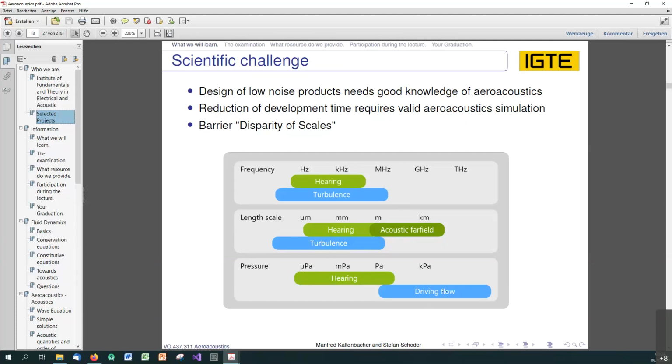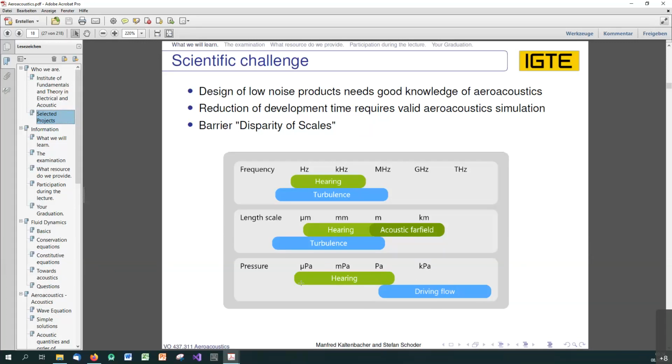And so often people in research would like to model acoustics and flow within one simulation and treat it as one. Because physically, the pressure is the pressure, and the pressure has some acoustical content in it, but it also has the flow content in it.